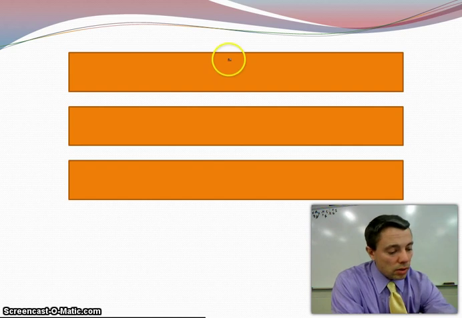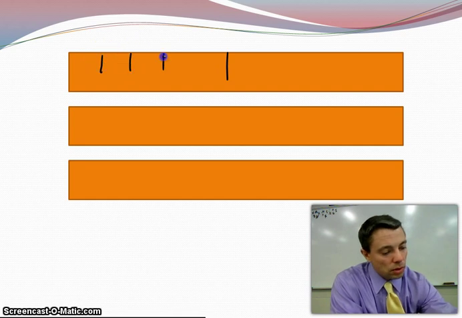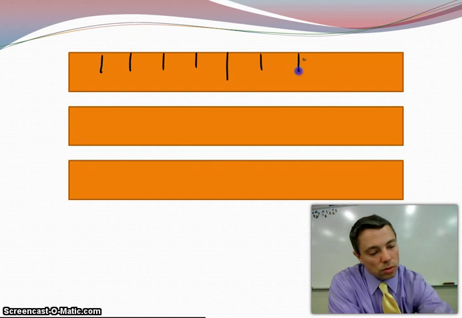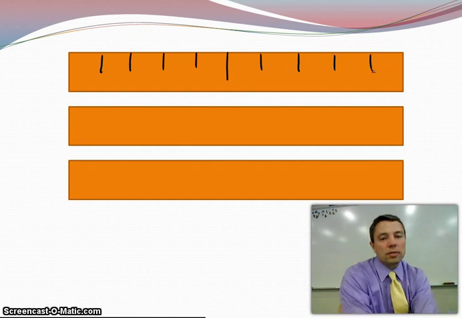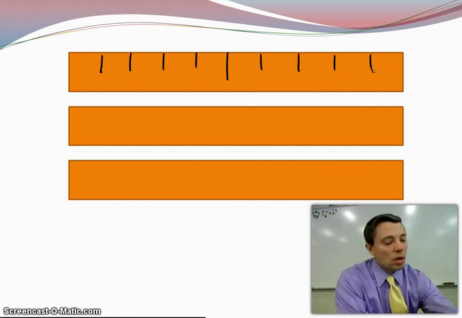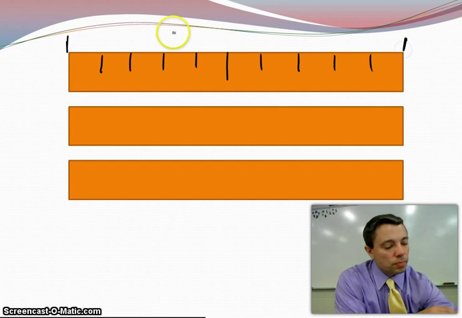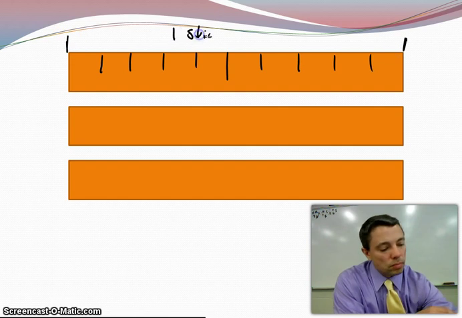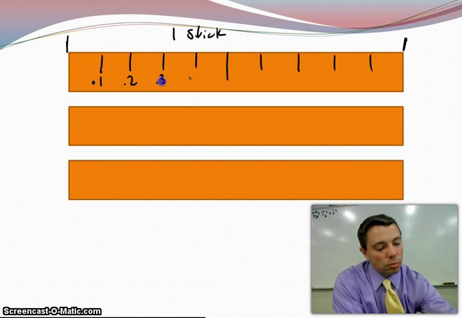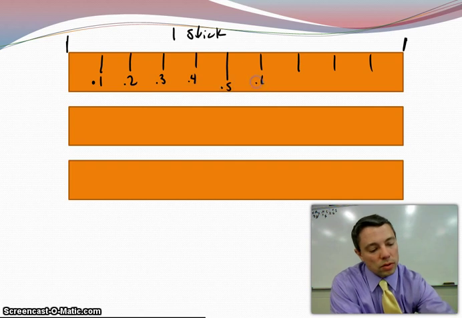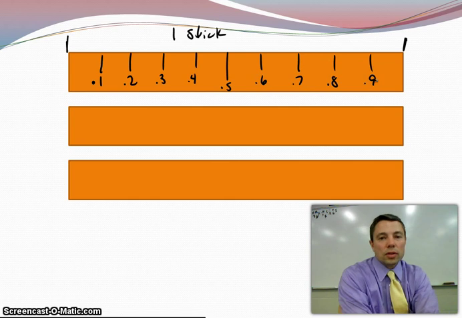So if I divided my stick in half, and then divided it further, I could get divisions here, and each division would then be, if this was 1 stick, 0.1 of a stick, 0.2, 0.3, 0.4, 0.5, 0.6, 0.7, 0.8, 0.9, and then finally out to 1 stick.